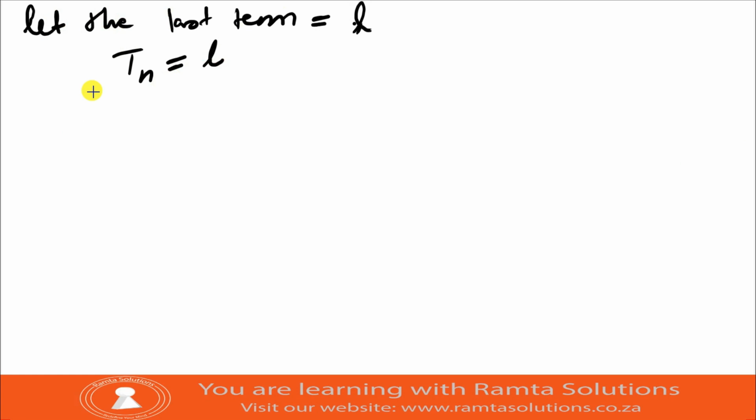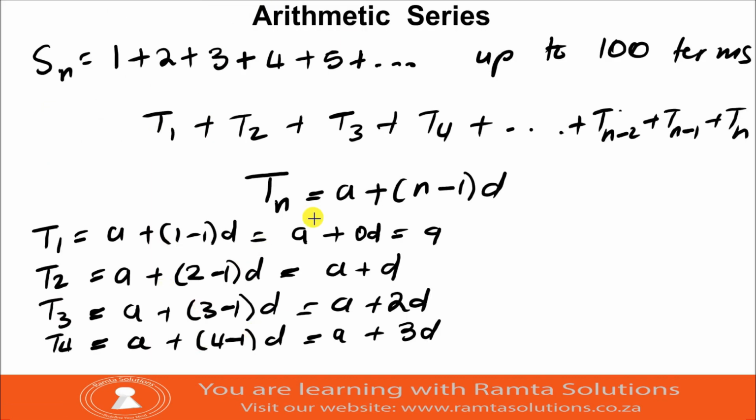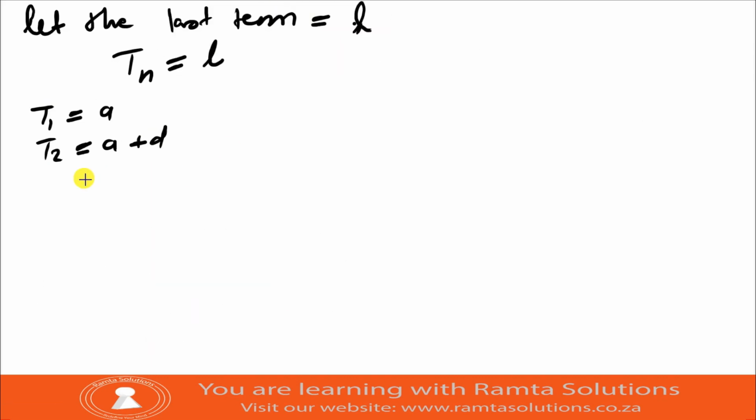Now let's look at this in a different way. We had said T1 equals a, T2 equals a plus d, T3 equals a plus 2d, and T4 equals a plus 3d.